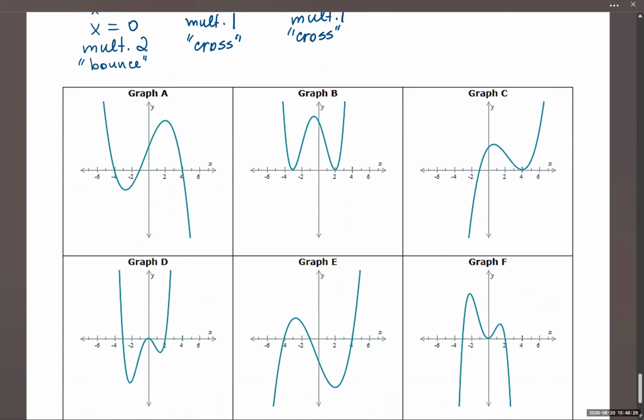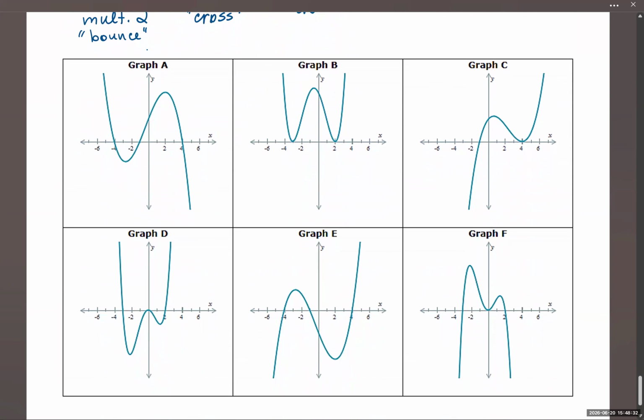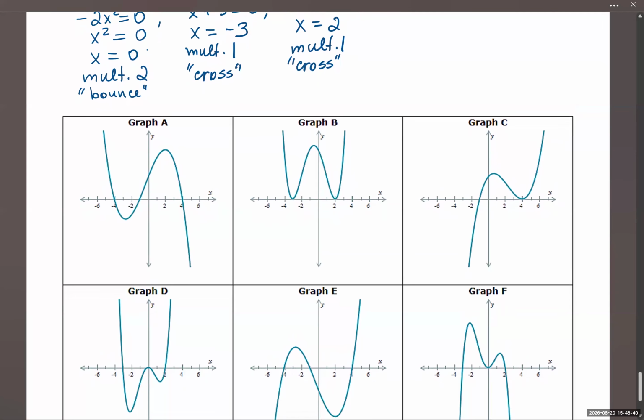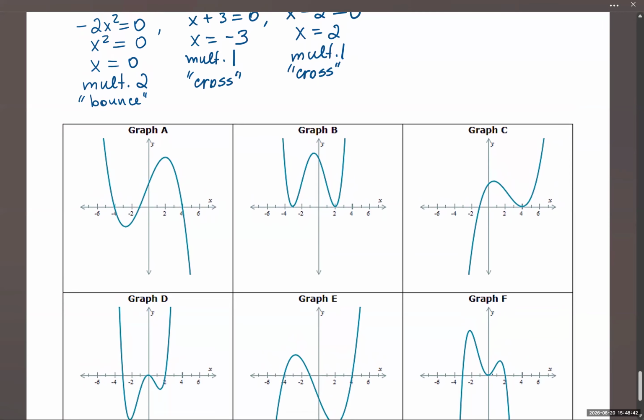Not A, not B, not C, not D, not E, and we actually just have one graph that has both ends pointing down. Let's make sure the zeros fit. We have touch and turn or bounce at x equals 0. Yep, touch and turn does not cross. Then we have the graph crossing at -3. Yep. And the graph crossing at 2. Yes. So graph F definitely for the first function.